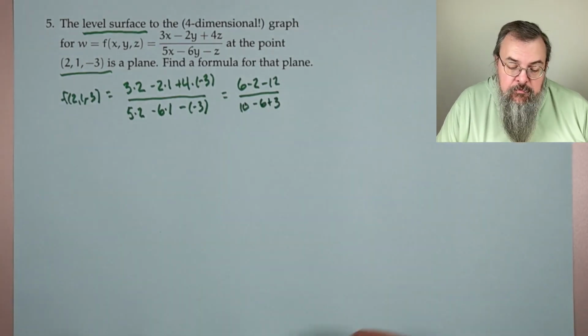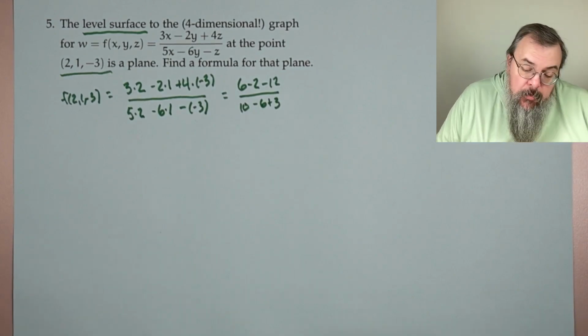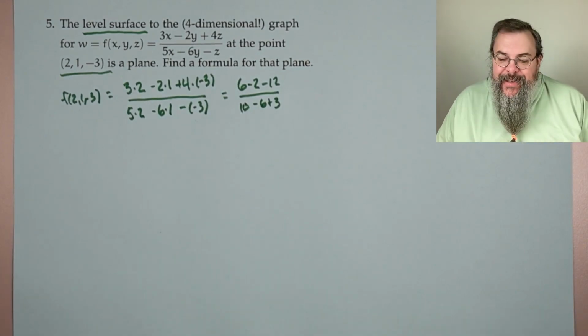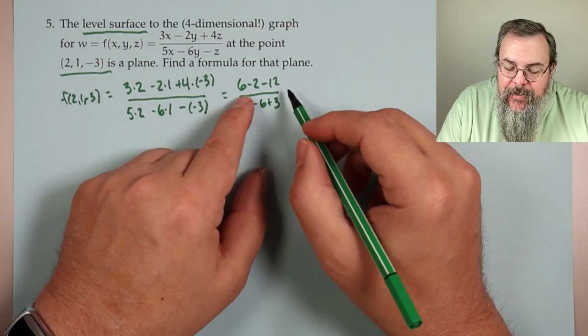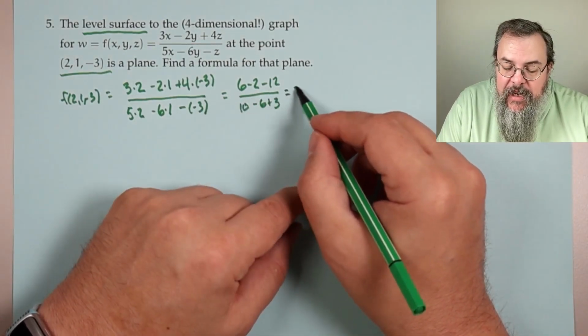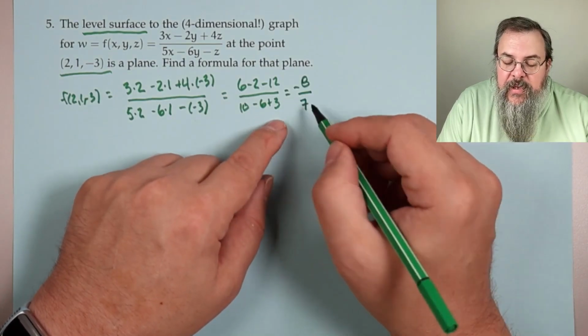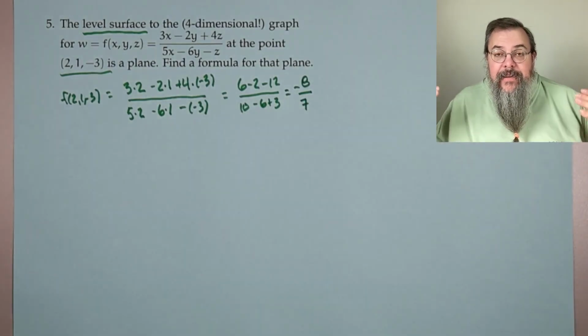Let's finish it off. Upstairs, 6 minus 14 is negative 8, and downstairs, 10 minus 6 is 4, plus 3 is 7. So negative 8/7.